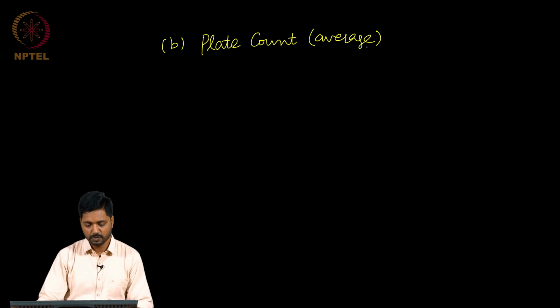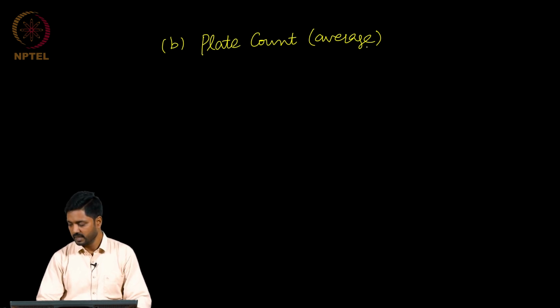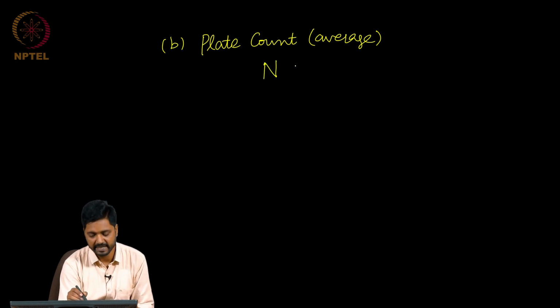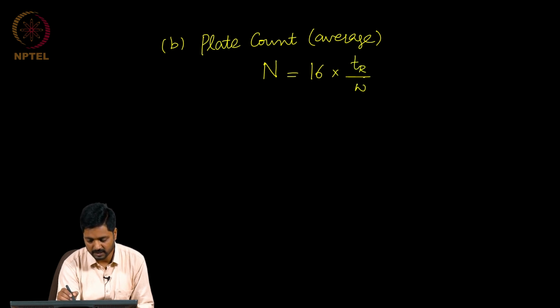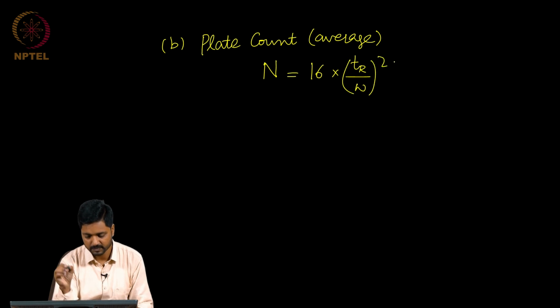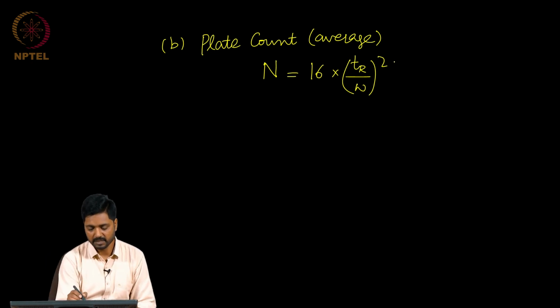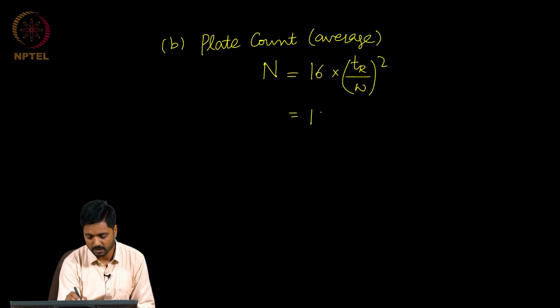So, let us do that by plugging in the values. Now, plate count or the total number of plates present in this column will be given by 16 into the retention time divided by the width at the base squared. This we already saw just a few minutes back in this class.